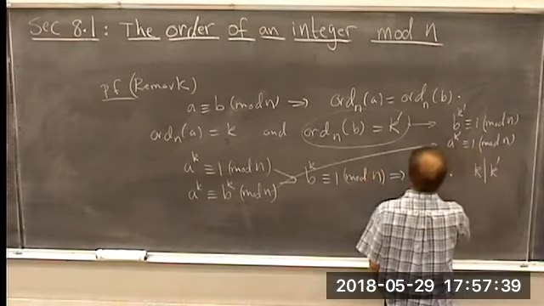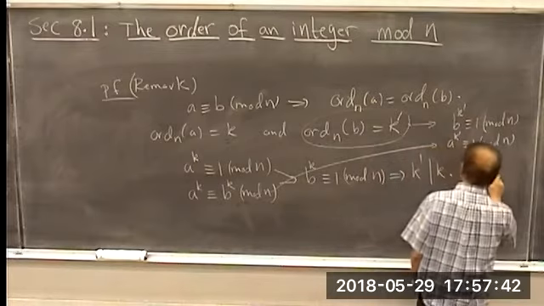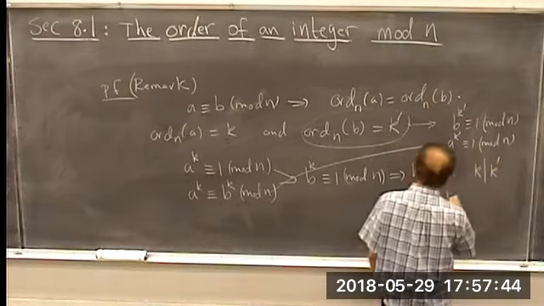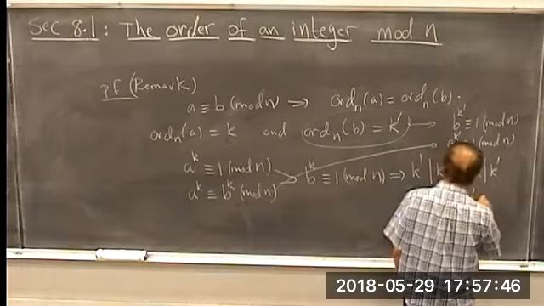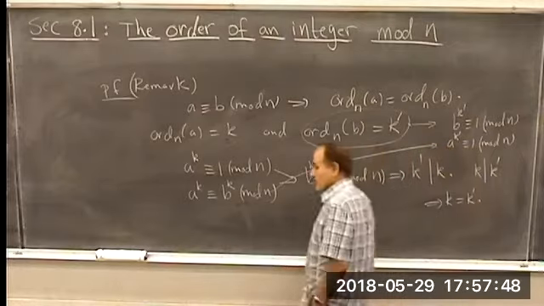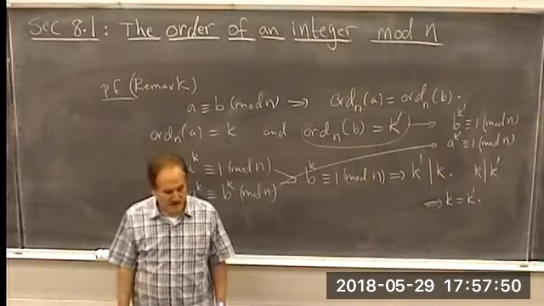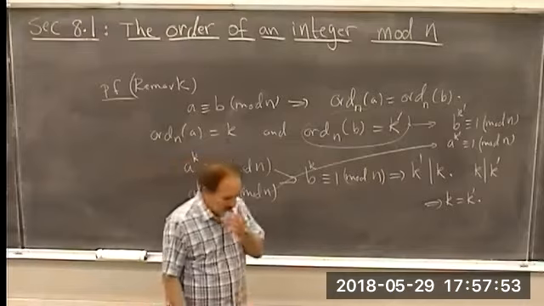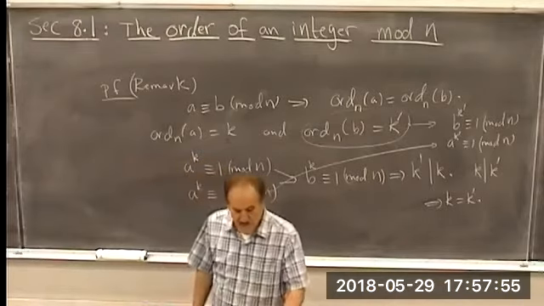So both K prime divides K and K divides K prime imply they are equal. Now remember, these are all positive integers. Less than or equal in both cases, and positive integers give you equality. You don't need absolute value.